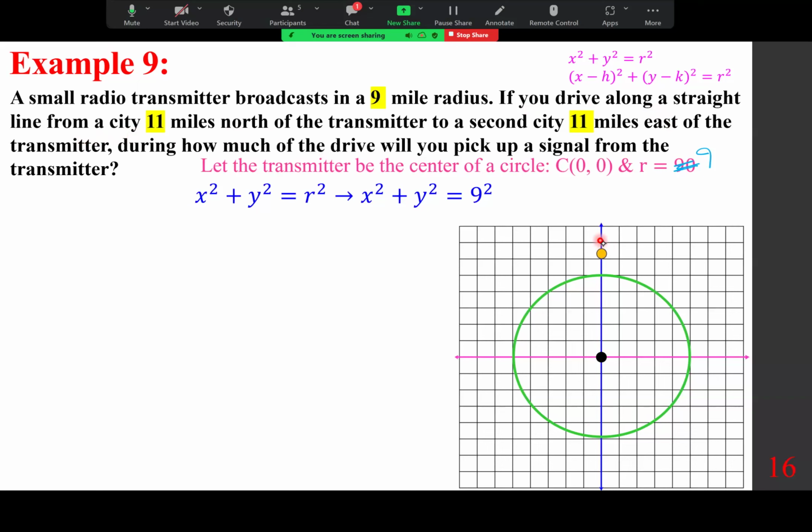This is north. A city 11 miles north of the transmitter is somewhere here. A city 11 miles east to the right of the transmitter is here.